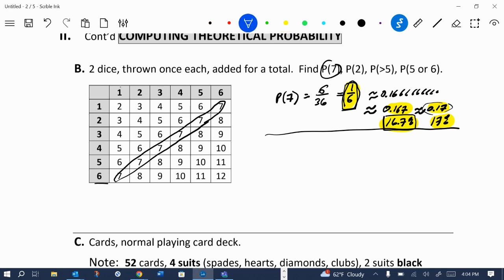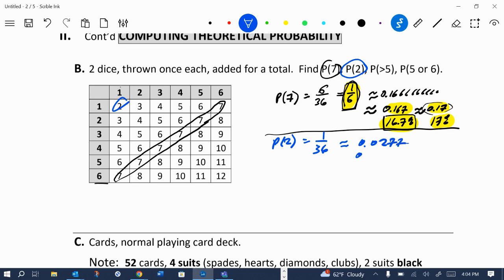Now let's look at this next one, the probability of getting a 2. Well, the probability of getting a 2 is, there's one, and only one place. It's only the result of a 1 on each of them, so it's 1 over 36. Well, now that's a really tiny little decimal. If I did make that into a decimal, I'd have 0.0277, and it repeats for the 7.